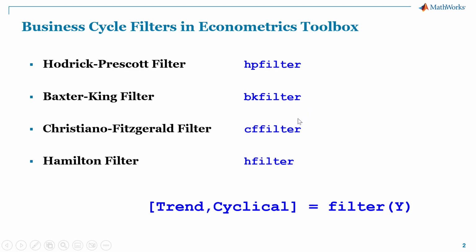And the subsequent filters, we'll see, focused more on the business cycle output here, which is the difference between the trend and the data, by defining and then refining the definition of business cycle in various different ways.